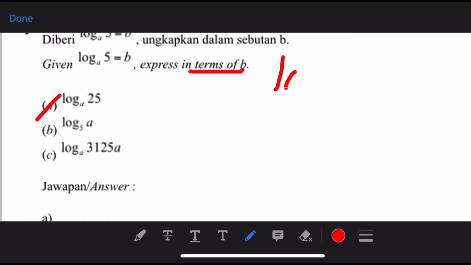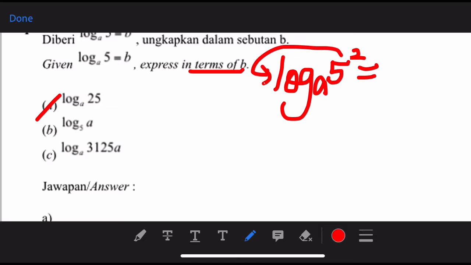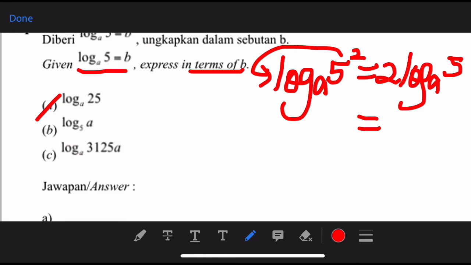So log a 25 is actually log a 5 squared, right? Then you apply the power law, it becomes 2 log a 5. Since log a 5 was given as b, the answer is just 2b. You have to show the proper steps, and it's just 2 marks, maybe 1 mark.